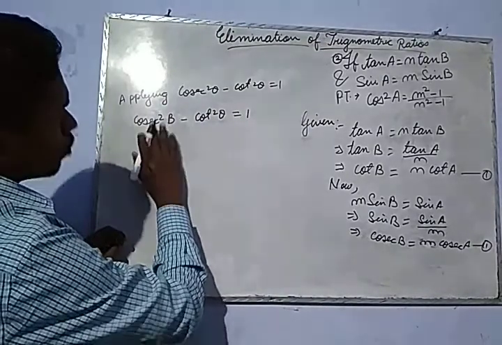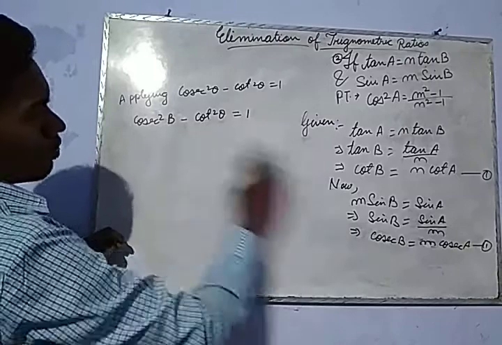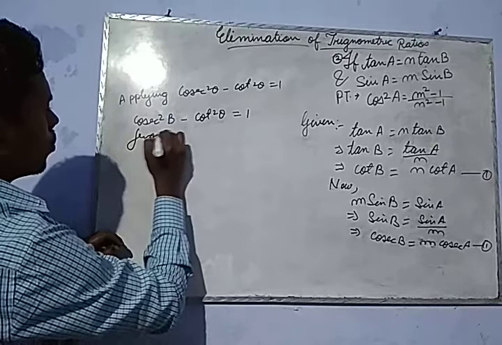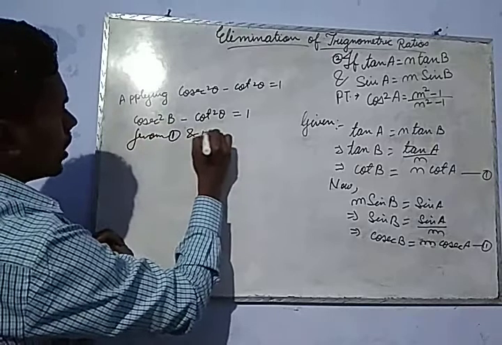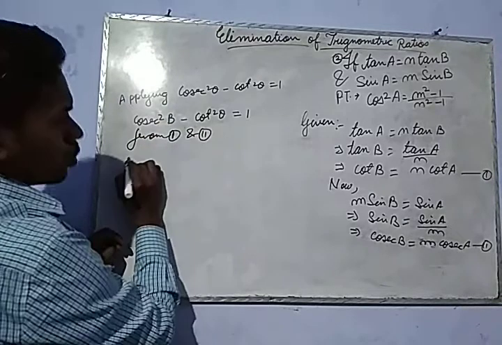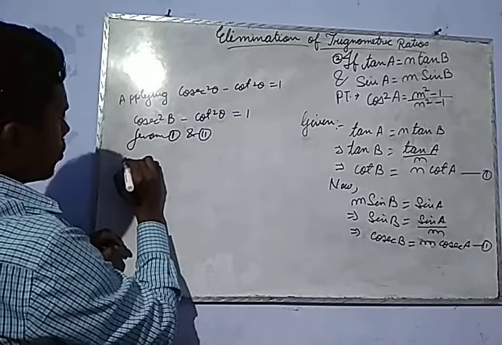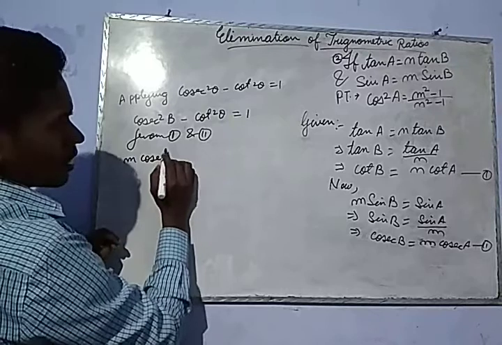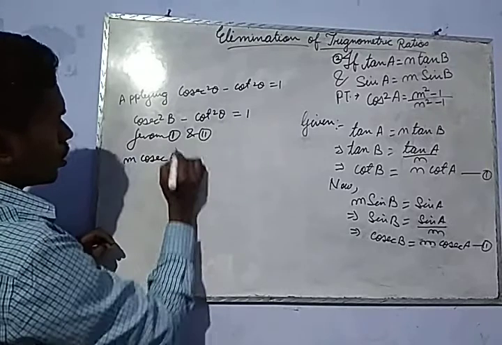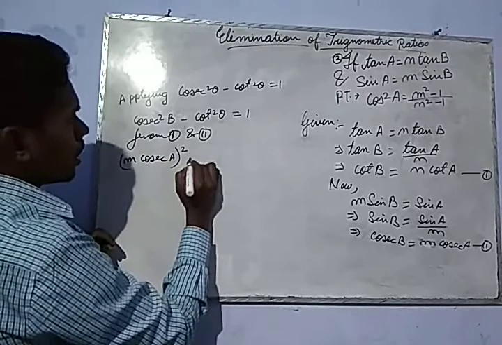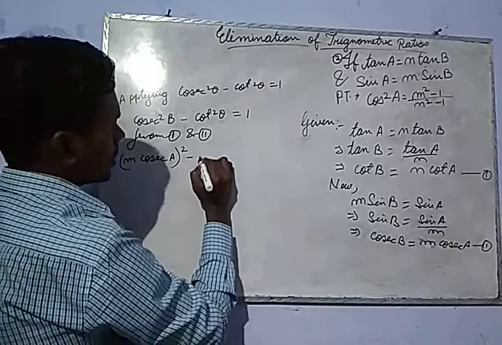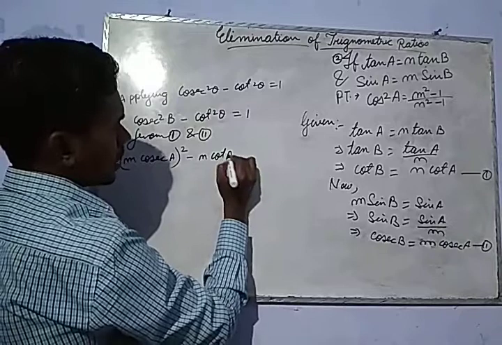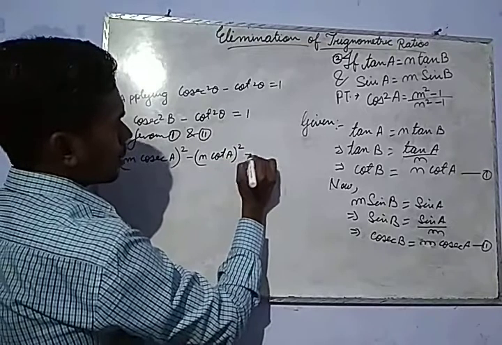Substituting the values of cosec from 2 and cot from 1: (m cosec A) whole square minus (n cot A) whole square equals 1.